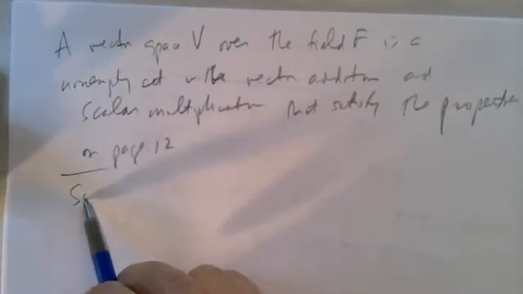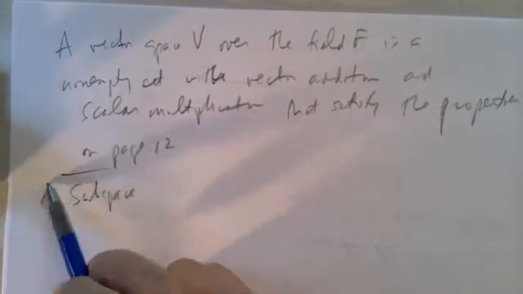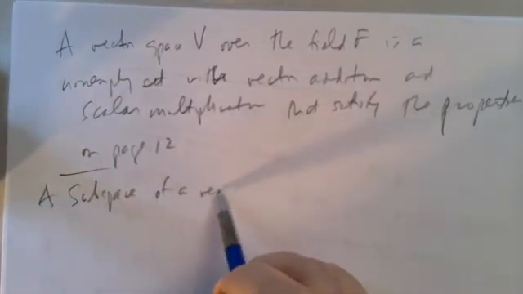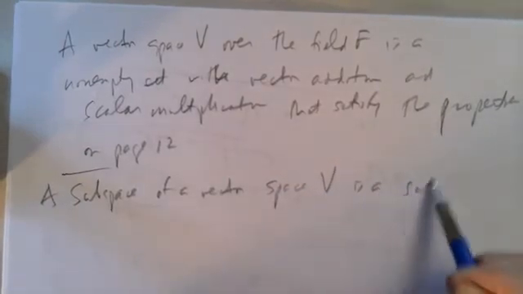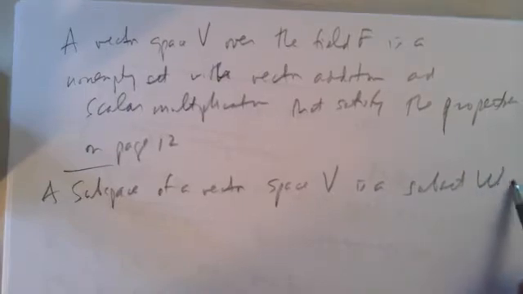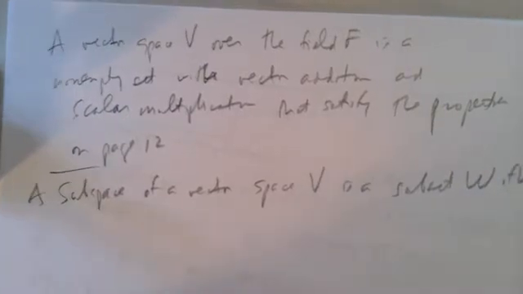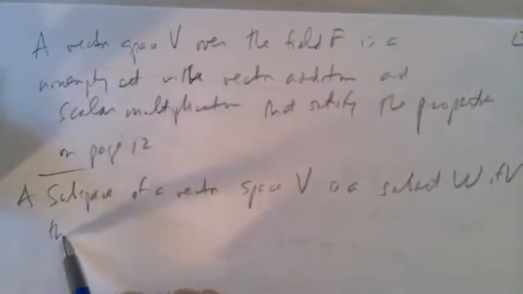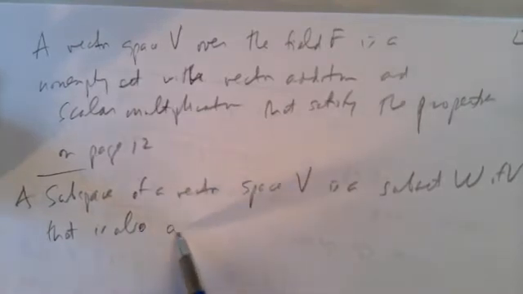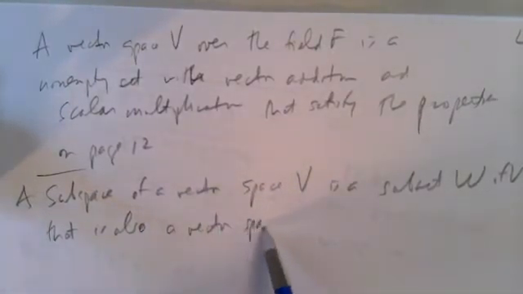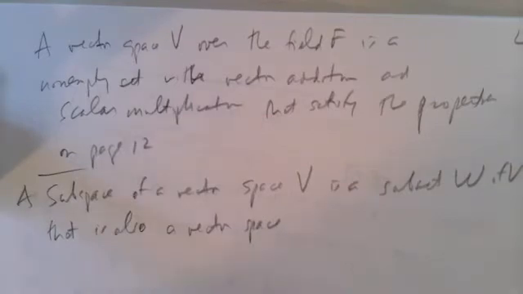And we also talked about subspaces. A subspace of a vector space V is a subset W of V that is also a vector space with the same definitions of addition and scalar multiplication from V. So it contains the zero vector and so forth.